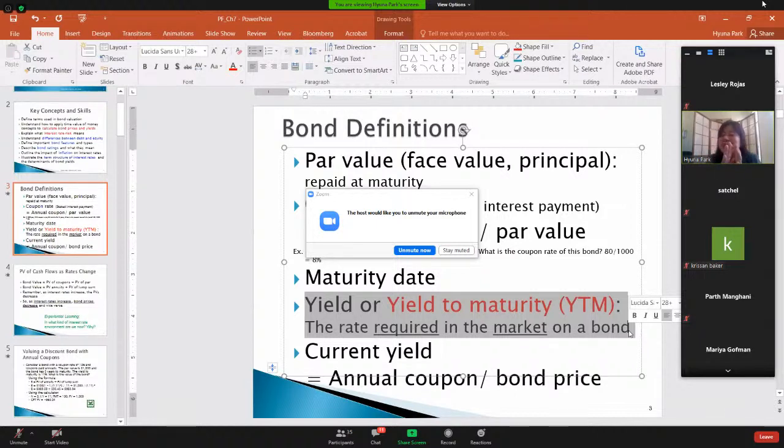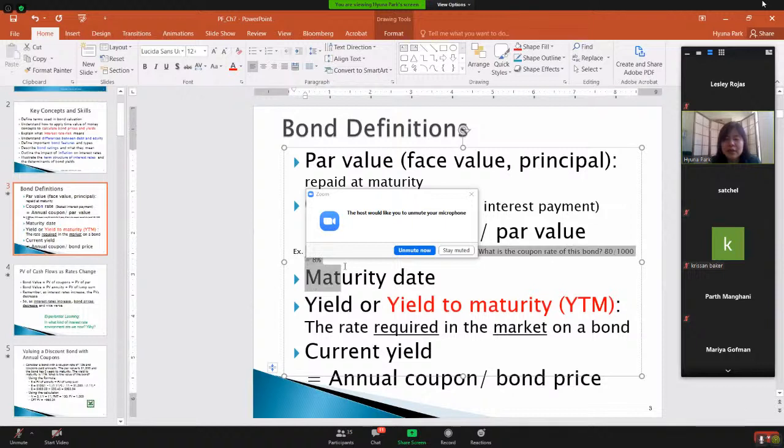So which one is changing? Coupon rate or yield to maturity? Coupon rate is fixed, so what's changing is yield to maturity. So suppose you purchase this bond that has a coupon rate of 8%.